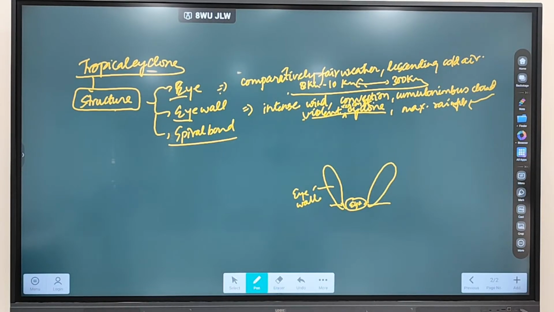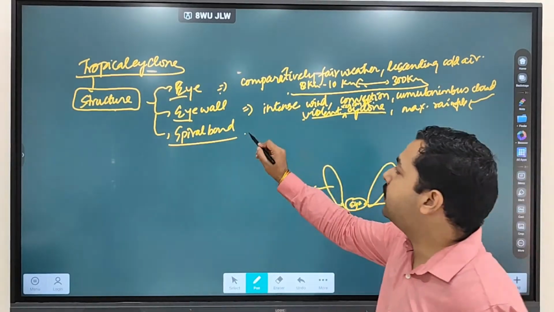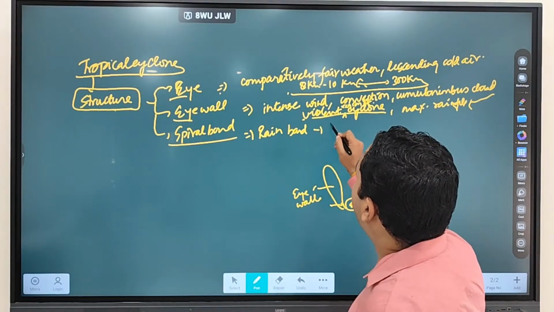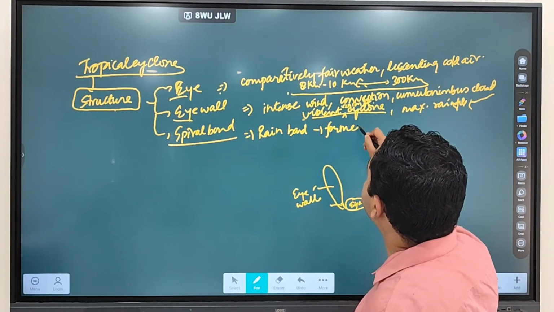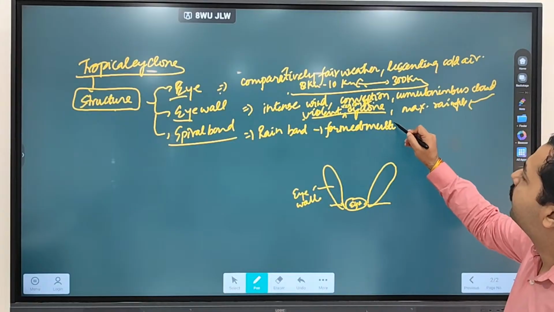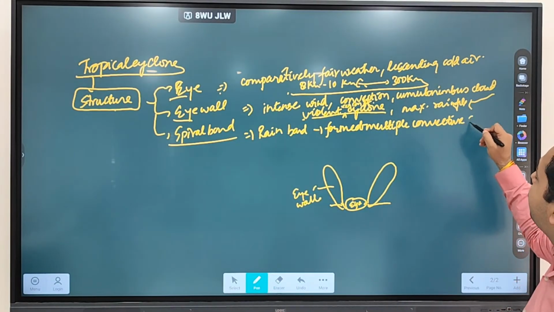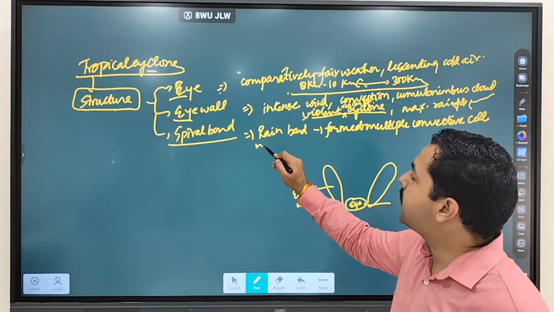And the third is a spiral band. Spiral band is also referred to as a rain band. Rain band is formed when multiple convective cells merge and create a cyclone.